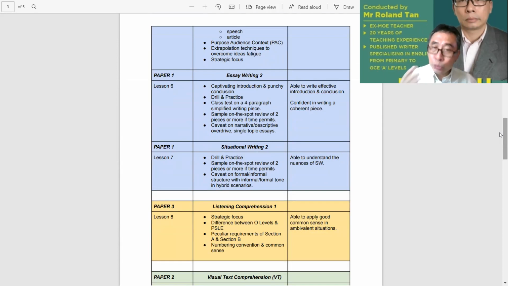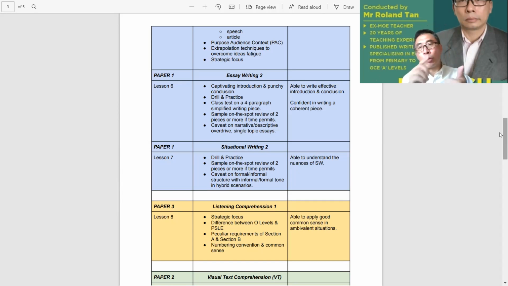We will be doing drill and practice, and one of the exercises would involve students writing a 4-paragraph simplified writing piece. The reason for this is so that we don't take up too much of the lesson time, but enough content for me to see whether you are able to apply the skills.